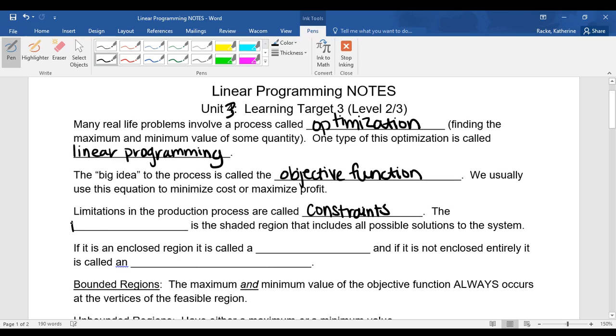The feasible region is the shaded region that includes all possible solutions to the system. If it is an enclosed region, it is called a bounded region.